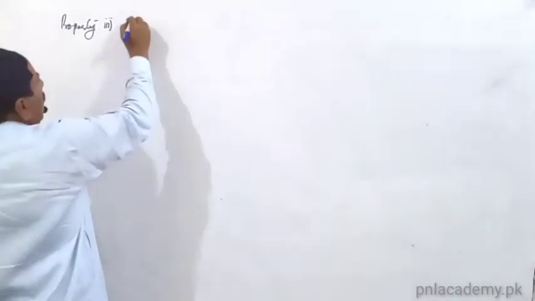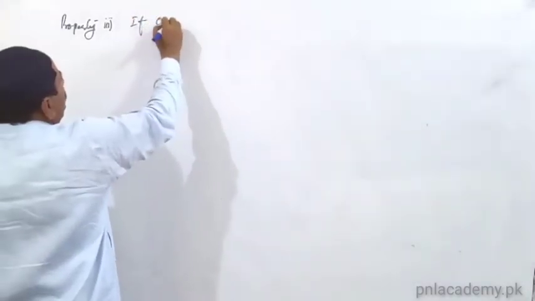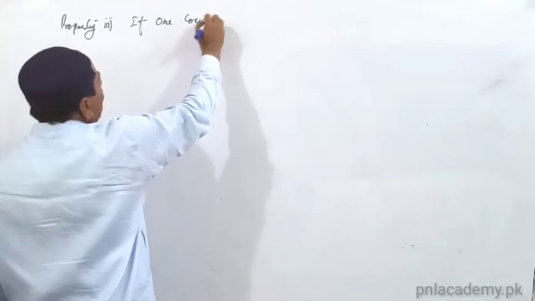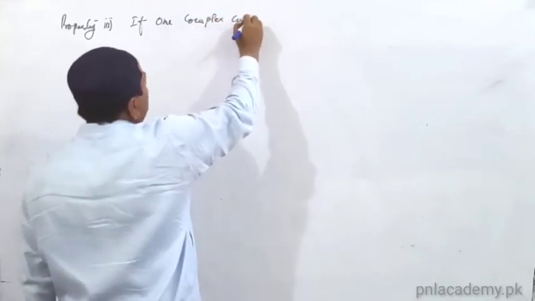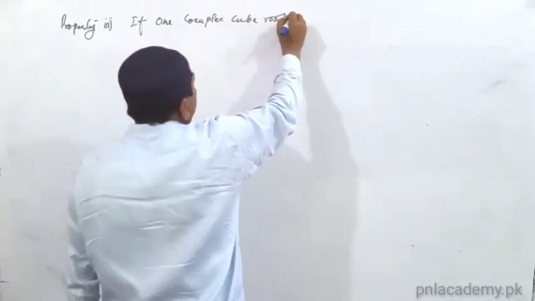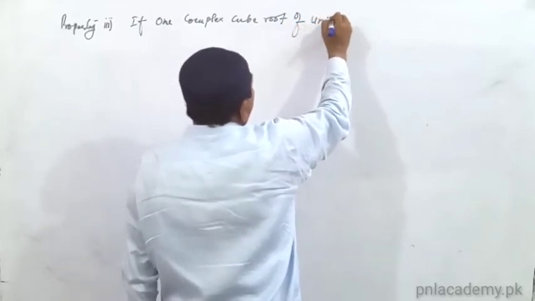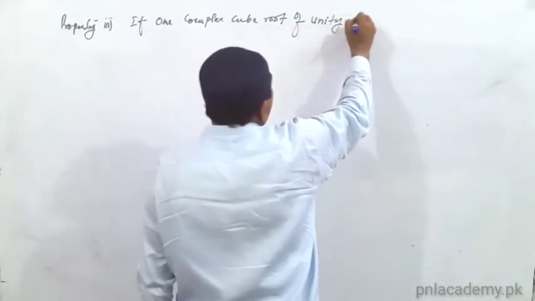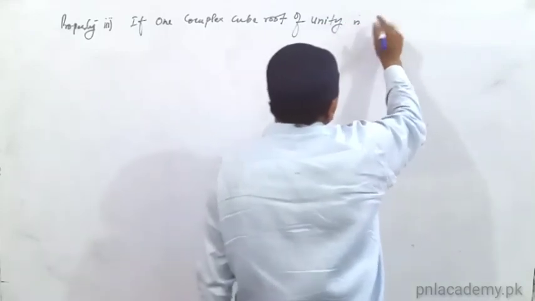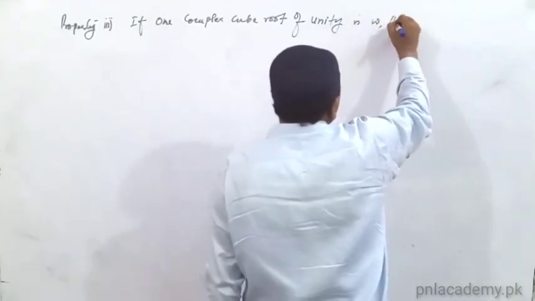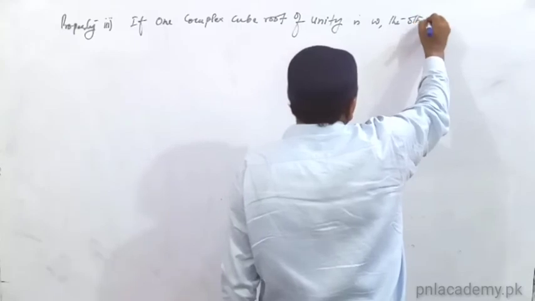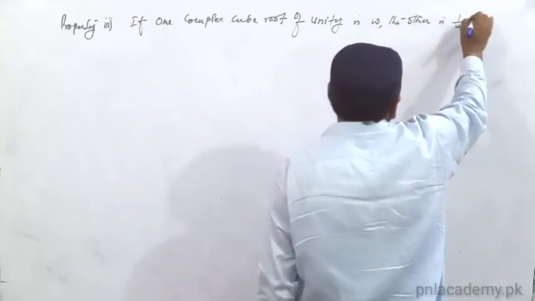Property number 3 is: if one complex cube root of unity is omega, the other is 1 upon omega.